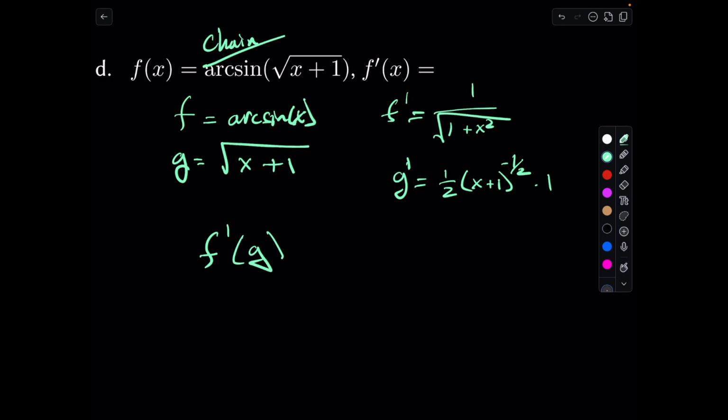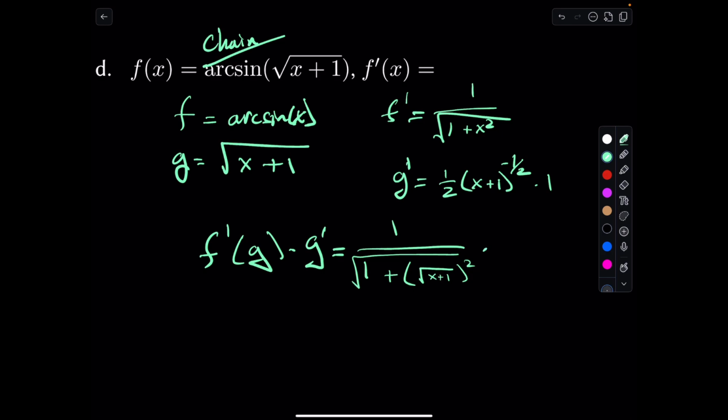So f prime of g times g prime is going to be 1 over the square root of 1 plus something squared times g prime, whoops. Oh, and the something is g. And then times g prime.